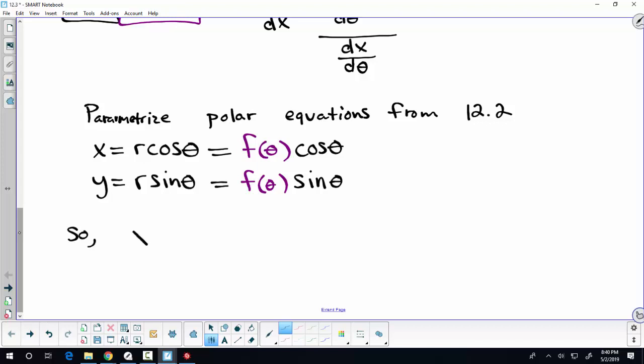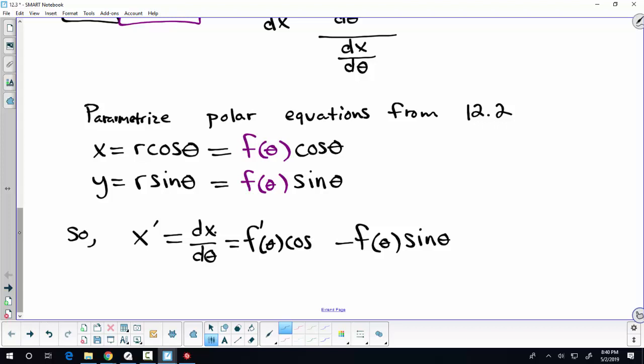So x prime, the derivative of x with respect to theta, is the first times the derivative of the second, that's negative f of theta sine theta, plus the second times the derivative of the first, that's f prime of theta cosine theta.